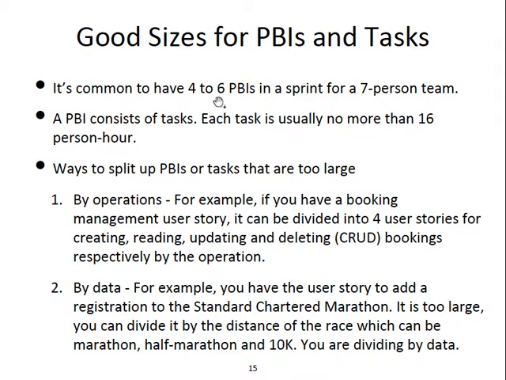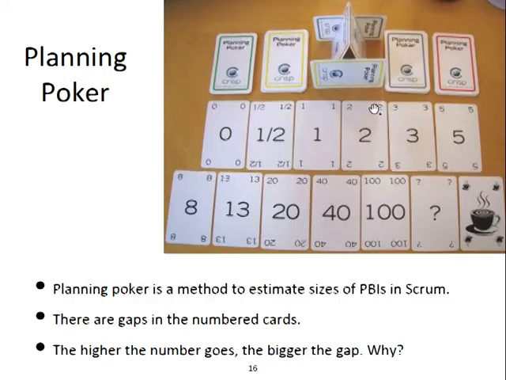It translates to, for a team of 7, which is often considered the ideal Scrum team size, plus or minus 2, which I guess is still acceptable, and they often have 4 to 6 PBIs in a sprint.